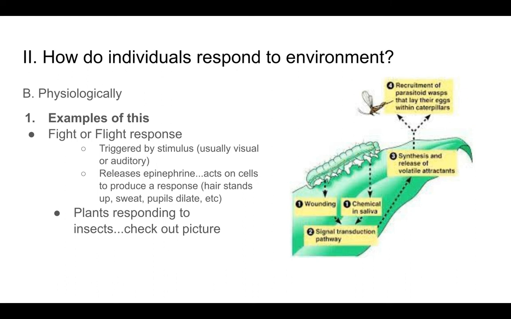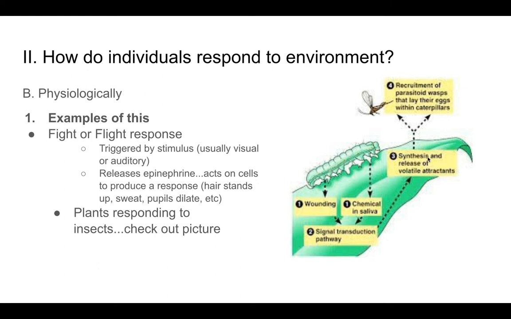And it is an example of how the plant responds to its environment. So when the caterpillar eats the leaves, that is wounding or breaking down some cells. Those cells release signals, and that signal transduction pathway triggers the release of chemicals from the plant itself.